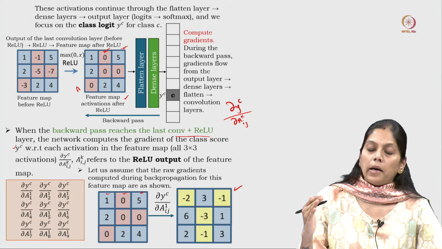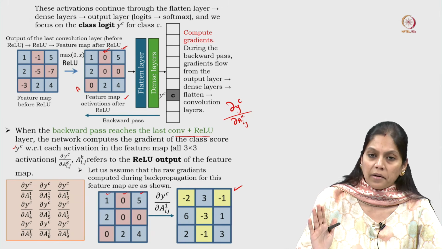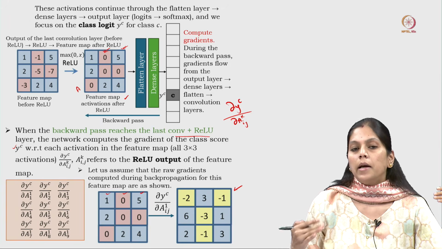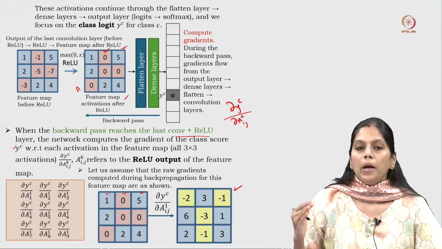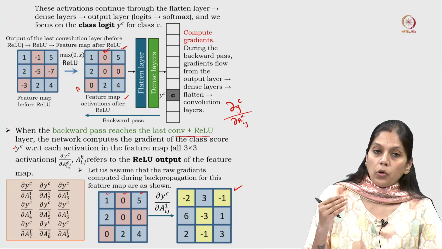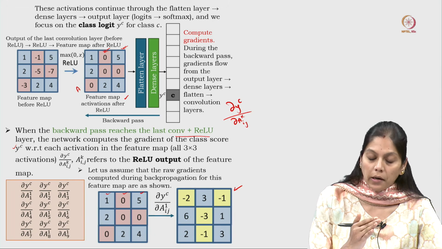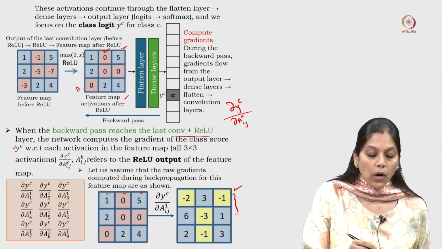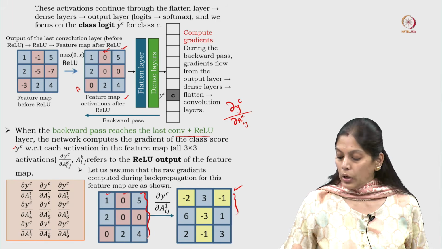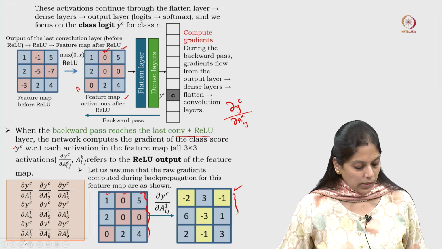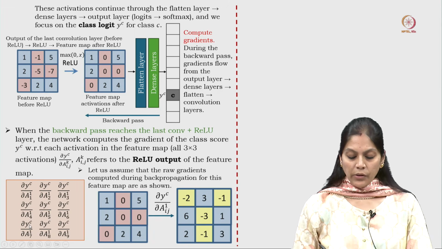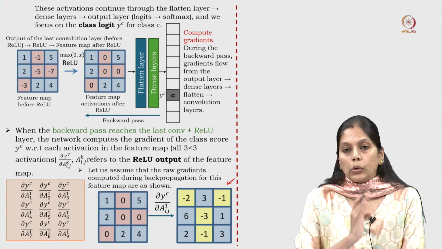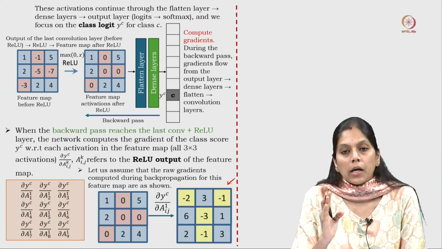When we computed the gradients at the dense layers and at the flattened layer, guided backpropagation does not use any of those gradients. It does not care. Now, when you compute the gradient at a convolutional layer, let us assume this is the gradient that we have obtained for this feature map. Once we obtain this gradient map, this is where guided backpropagation comes into play.